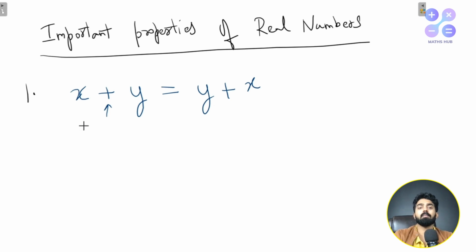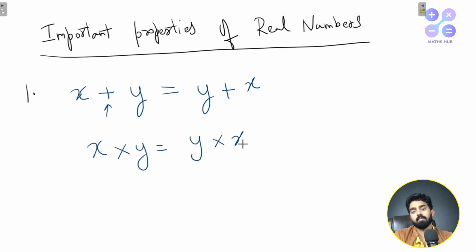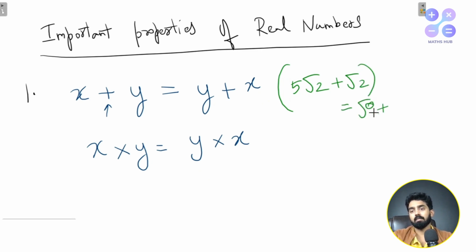And the same idea also applies to multiplication, right? So x into y would be equal to y into x. This applies to any real number, not just integers, right? So if you have a number like 5 root 2 plus root 2, this would be equal to root 2 plus 5 root 2.